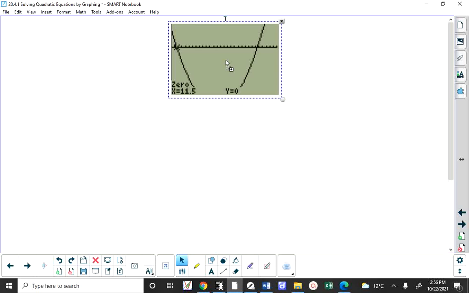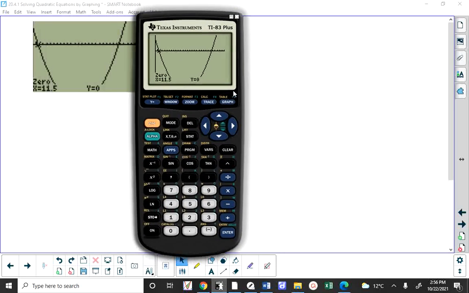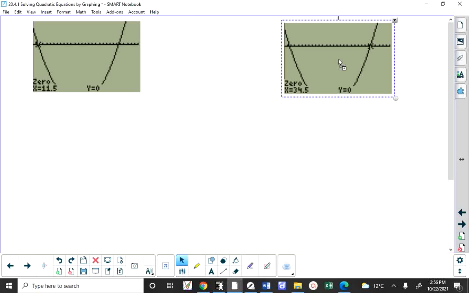So one of the solutions is 11.5. And what do we have here? I went up to 40, so I'll go 30, 30, yep, and 39. And one of the solutions is 34.5. And I want to explain something here because some of you are going to, at the end of this explanation, go, who cares?